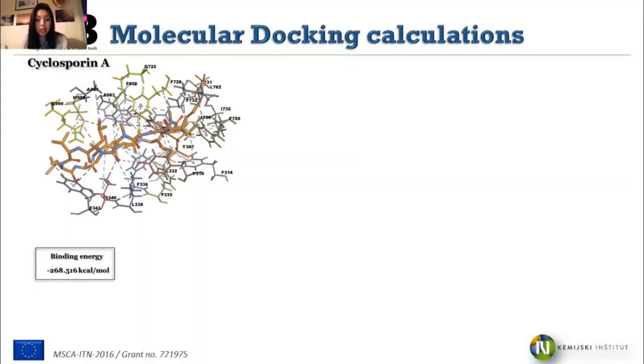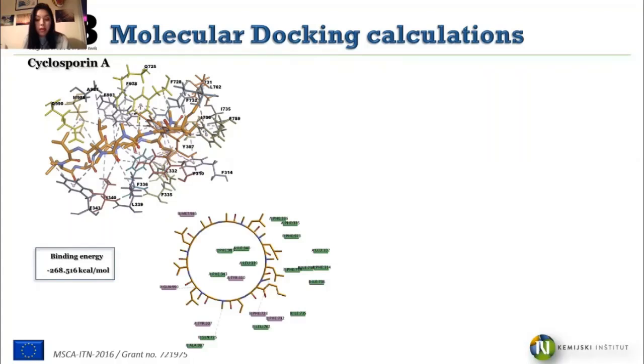In this scheme, the light green lines represent the carbon-hydrogen bond interactions, and the light rose represent the hydrophobic interactions. The residues colored yellow in this representation are the residues involved in hydrogen bonds. Here we have a 2D diagram of the same interactions inside the binding pocket.